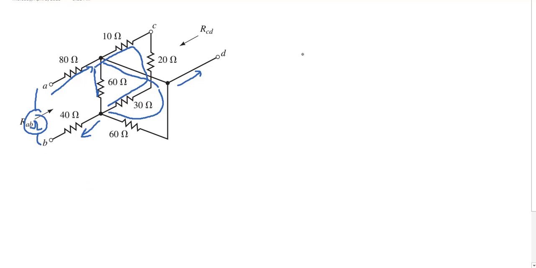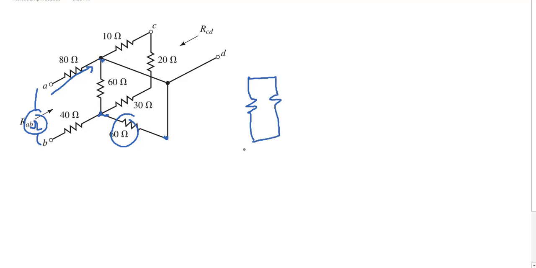In this case, we can think of these two guys, this 60. This 60 is connected from this terminal to this 60, and from this terminal to the 60 itself. So we have two 60 ohms resistances connected in parallel.